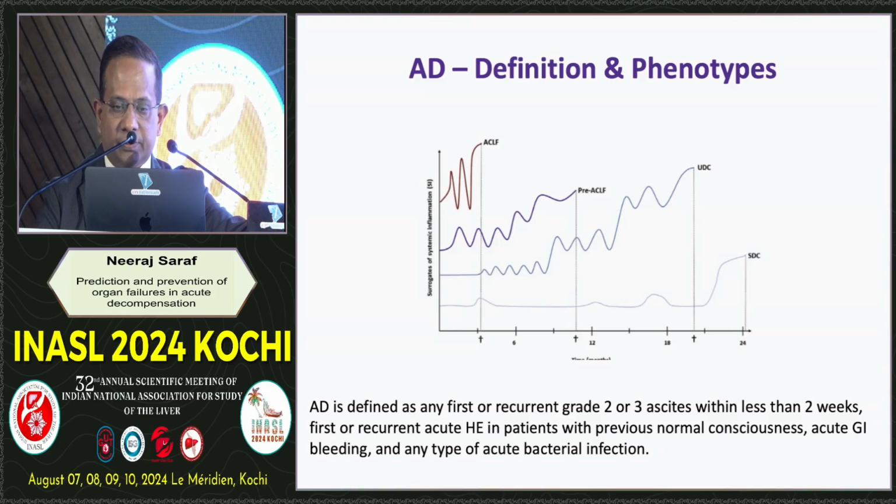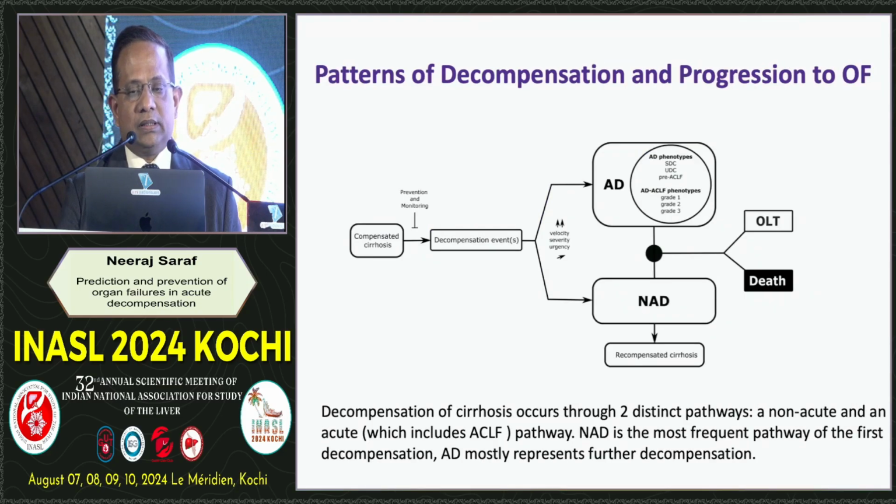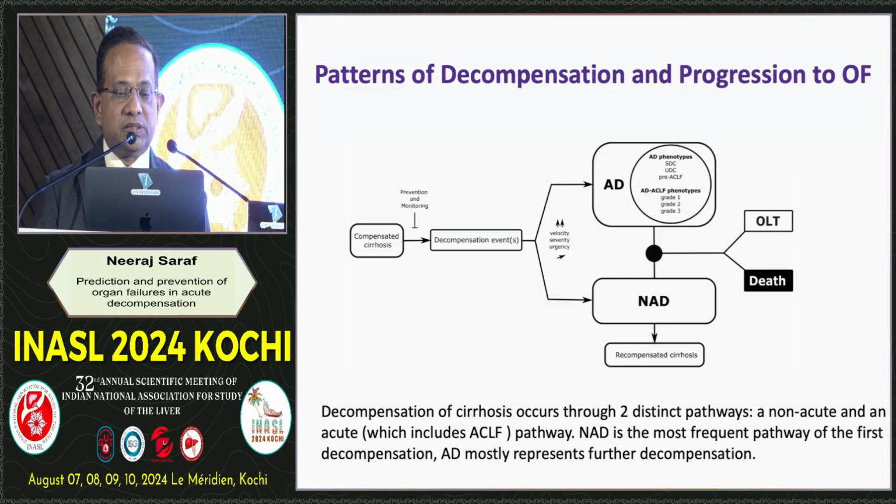So the idea is to identify or predict factors which would prevent this pre-ACLF or ACLF stage where you develop organ failure. So these are the patterns of decompensation and progression to organ failure. So you have compensated cirrhosis, which leads to decompensation, and like I said, you can have acute decompensation or non-acute decompensation. So since we're talking of acute decompensation here, basically organ failure or ACLF is a subtype of acute decompensation, and if untreated, they lead to either a liver transplant or death.